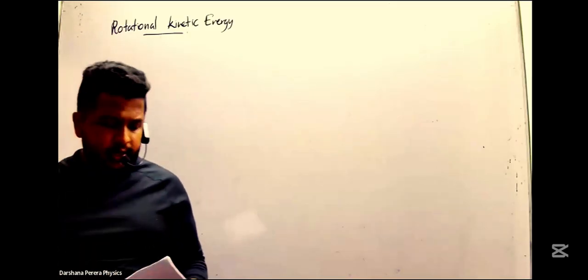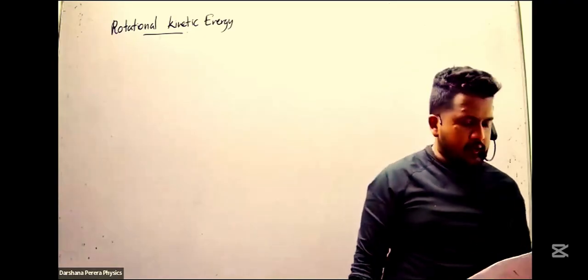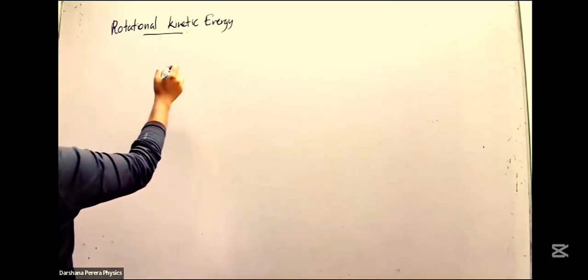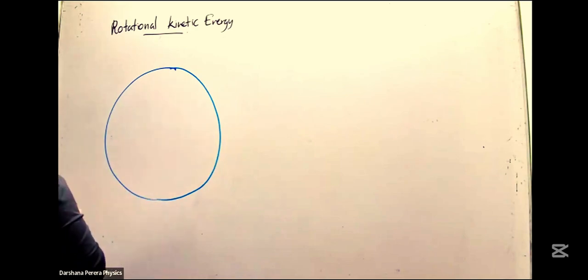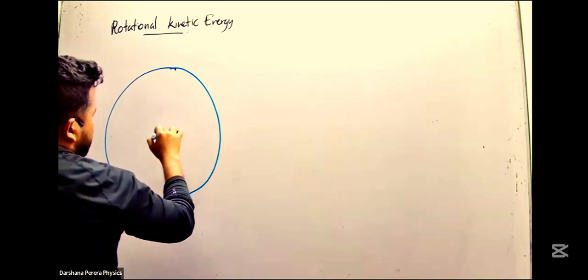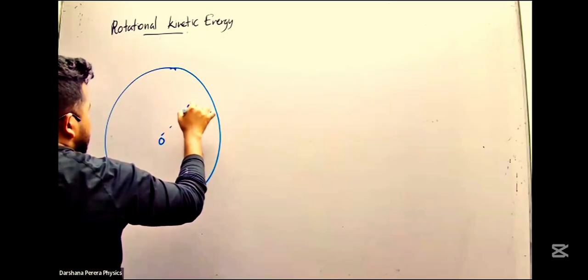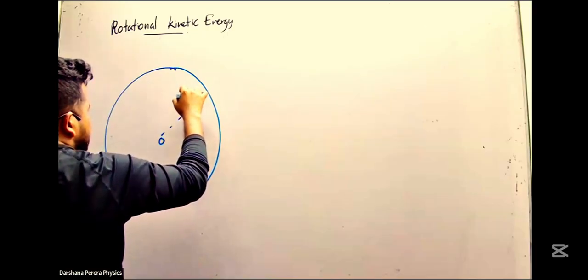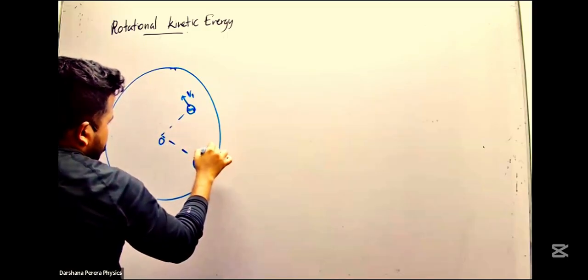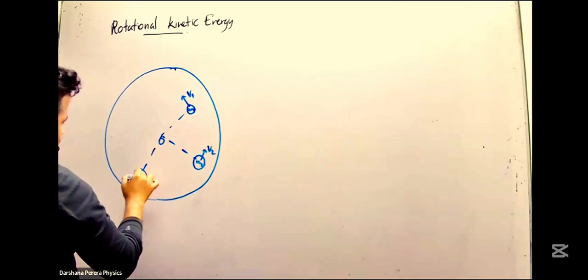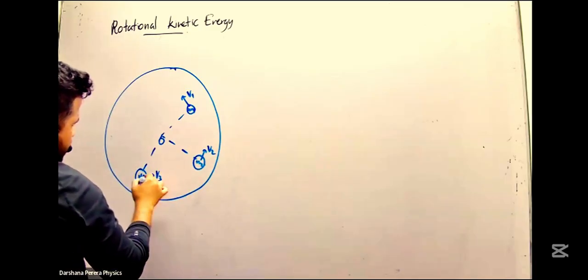Right. Write down rotational kinetic energy. Rotational kinetic energy is equal to, when we take the rotating wheel rotating about an axis, when we consider the small mass m1, m2 and velocity v2, m3 and velocity v3.